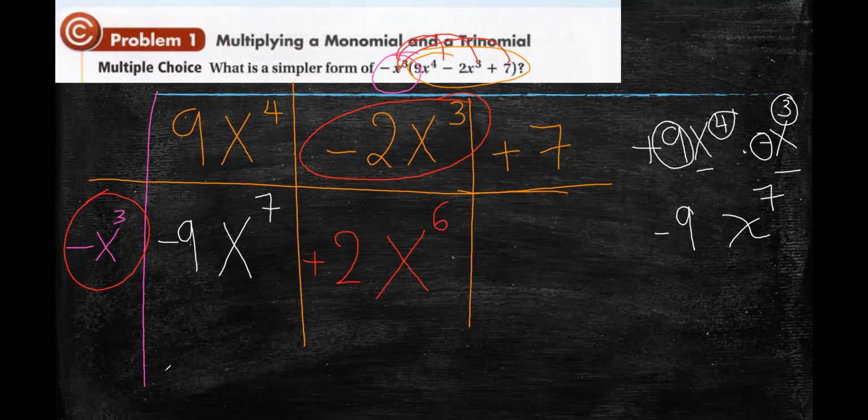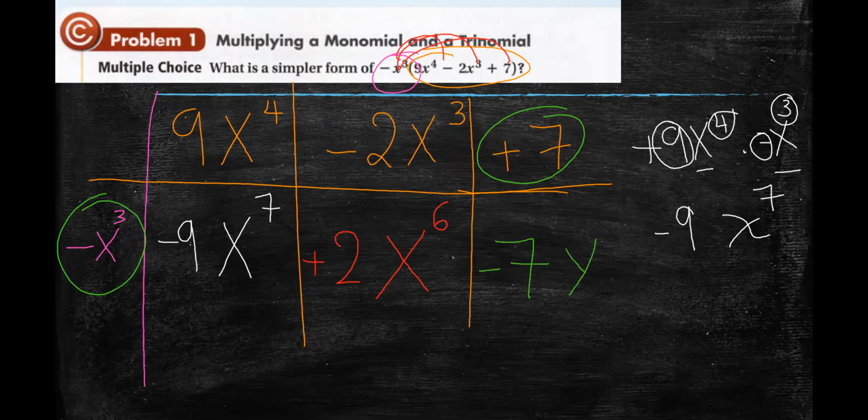The third one here, I will multiply negative x cubic with 7, which will be negative 7x cubic. So the final answer is negative 9x raised to the power 7 plus 2x raised to the power 6 minus 7x cubic.